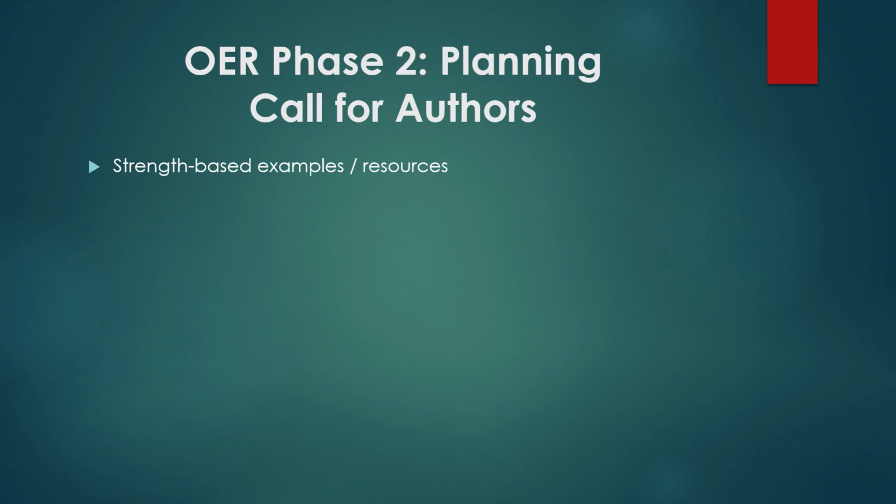And we guided the authors to ask themselves the following: what local Indigenous and non-Indigenous strength-based examples and initiatives and/or resources can you include in your chapter to help the reader understand the theory? Because traditionally, a lot of examples about Indigenous peoples have been based on deficits, and we wanted strength-based examples.